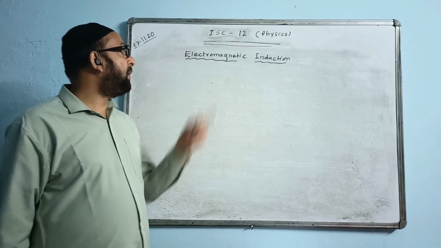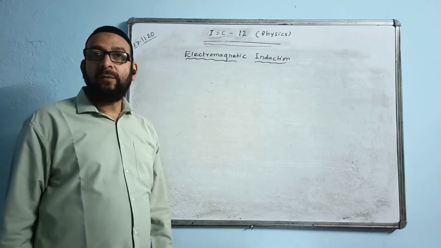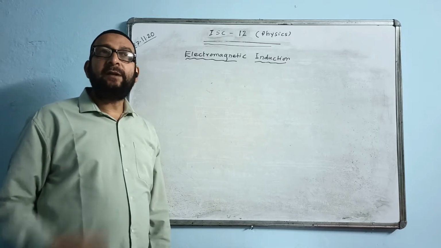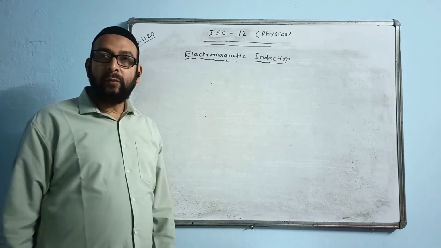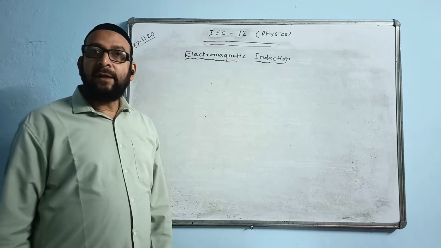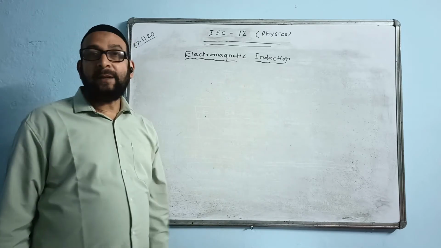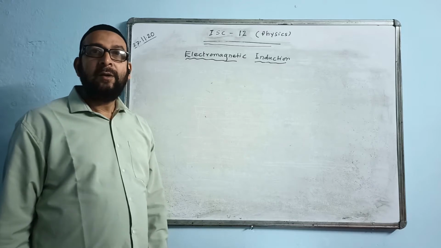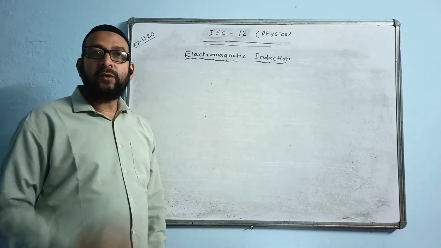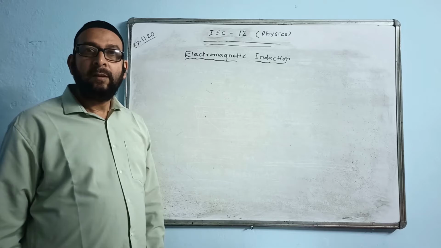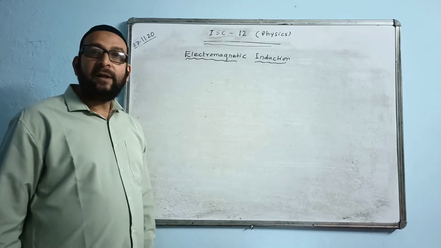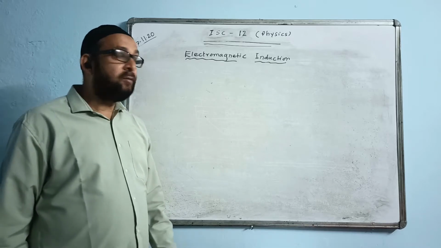He invented the phenomenon of electromagnetic induction. Actually, he was the inventor of the dynamo, the generator, and the generator works on the principle of electromagnetic induction. So he gave 2 laws. Michael Faraday gave 2 laws of electromagnetic induction.